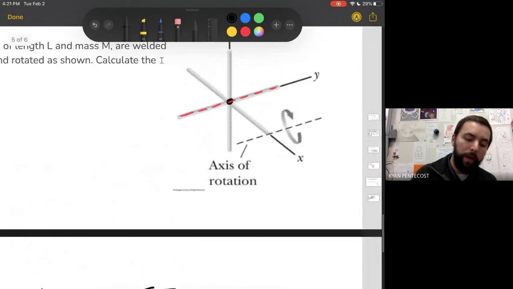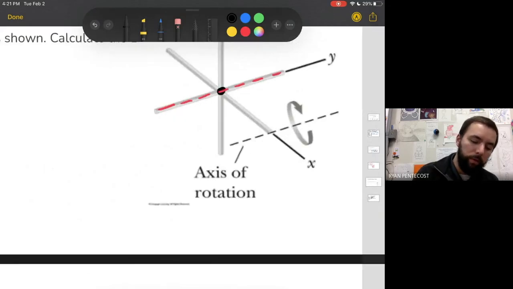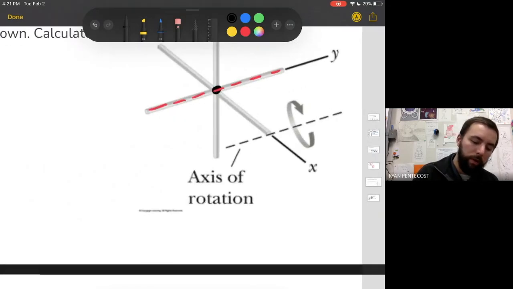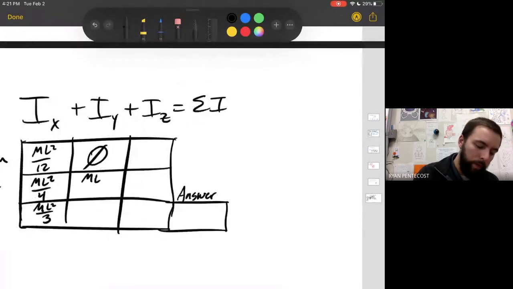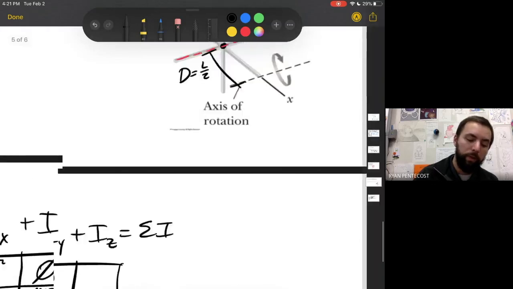Now, that again moves a distance of L over 2, right? So now we have the same ml squared over 4. 0 plus ml squared over 4. Pretty simple math.